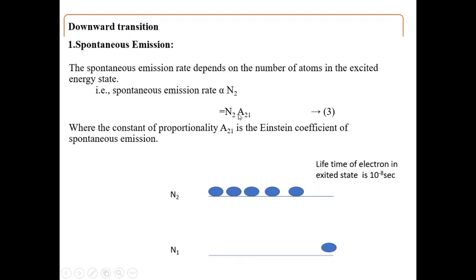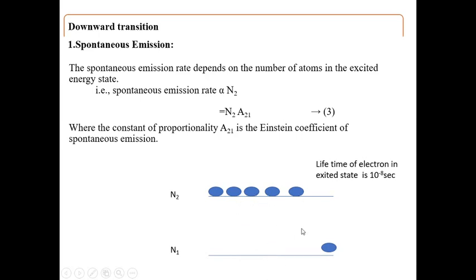The proportionality symbol is removed, and that is why you get one constant, A21. This is called the Einstein spontaneous emission constant. Here the particles are present in the excited state for 10 to the power of minus 8 seconds. Why spontaneous? Because all the particles will not come to ground state at a time.